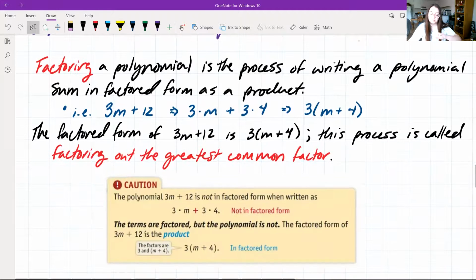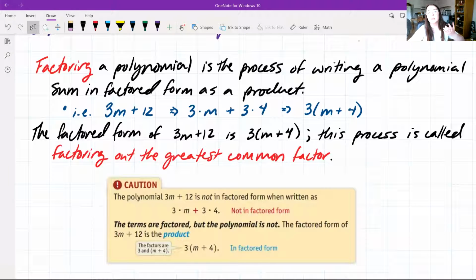So a word of caution, the polynomial 3m plus 12 is not in factored form when written as 3 times m plus 3 times 4. This isn't factored form since we see that 3 is still written as a multiplication of each term. Your 3 needs to be taken out of the expression, multiplied by whatever was left over in those cases.